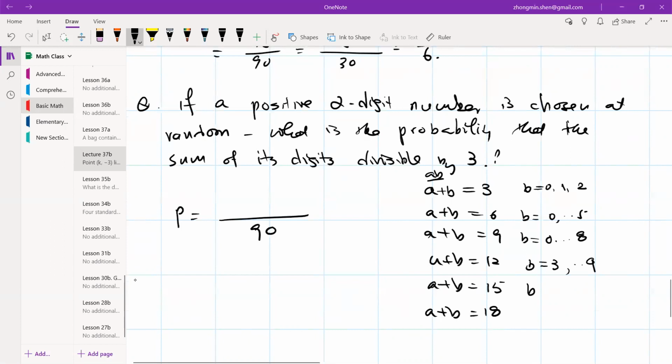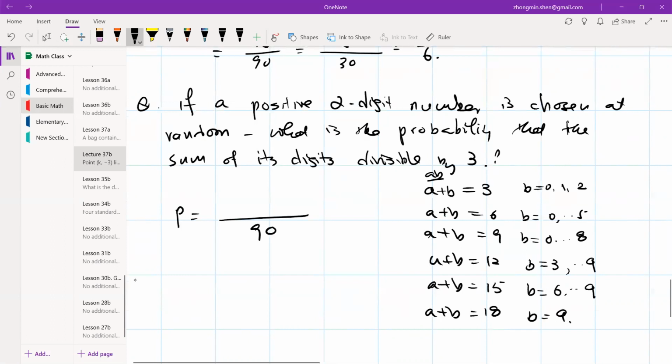Okay? And here, B cannot be smaller than, what is the largest power? I think B here is going to be 6. Okay? B cannot be smaller than 6. Then A is going to be 9. So 6 all the way to 9. Okay? And here, B is going to be 9.